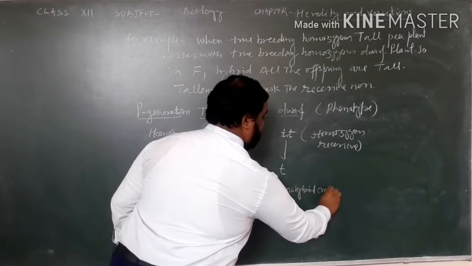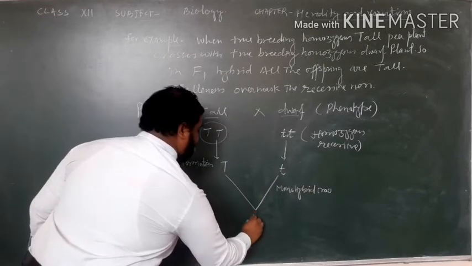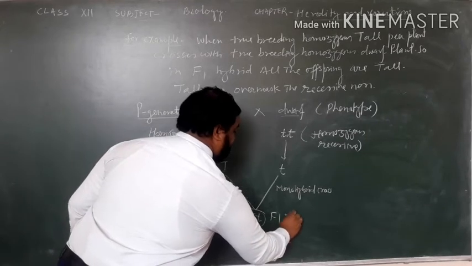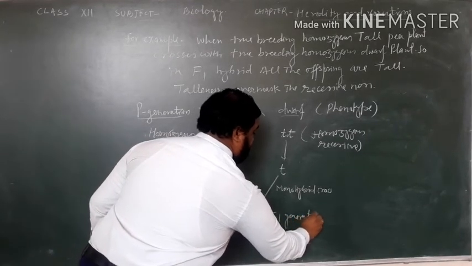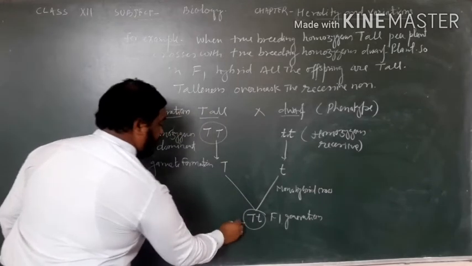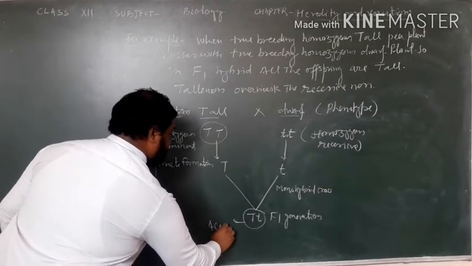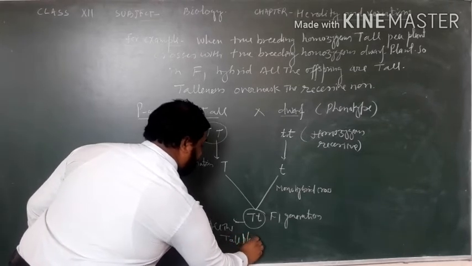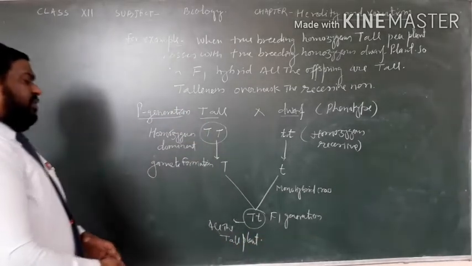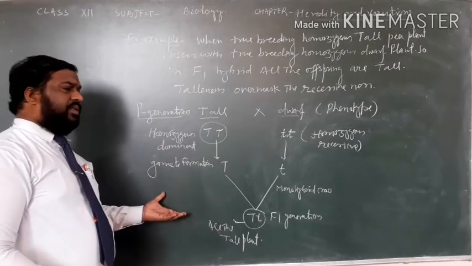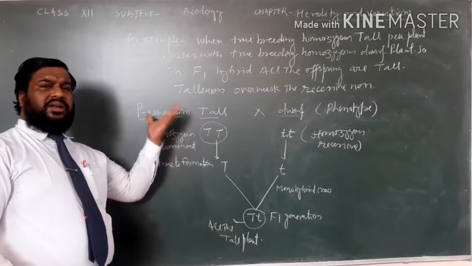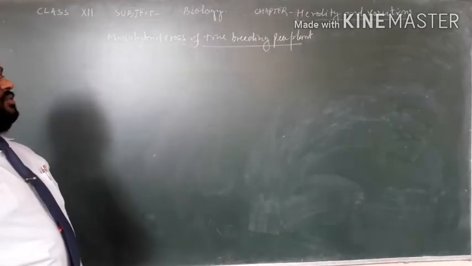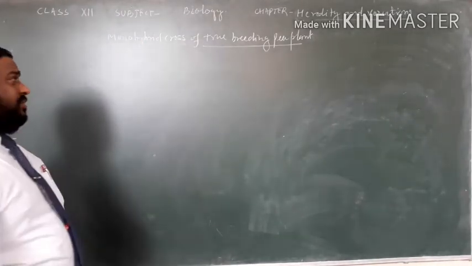Resultant is capital T and small t. This is the F1 generation, and here all are tall plants. So this is an example of the law of dominance.